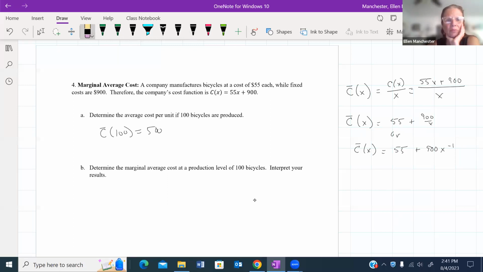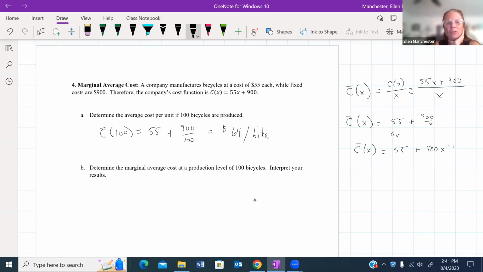So 55 plus 900 over 100. So 55 plus 9 is 64. So the average cost per bike is $64 per bike. You took the total and divided it by the number of products.